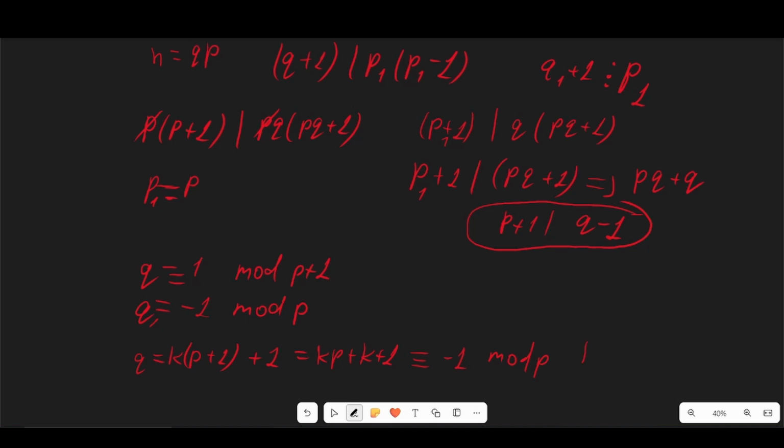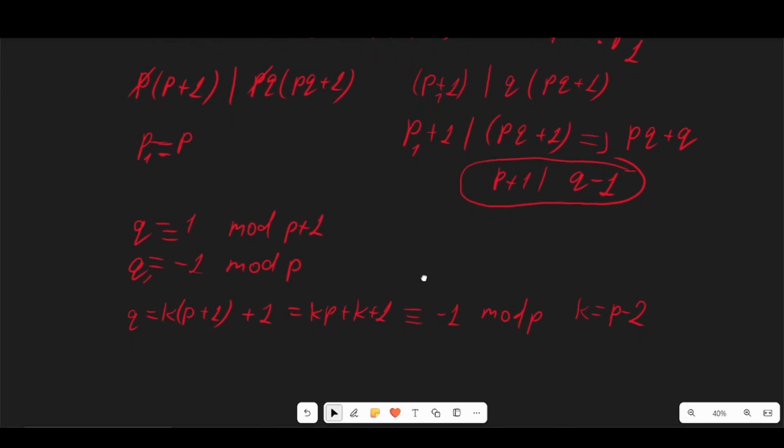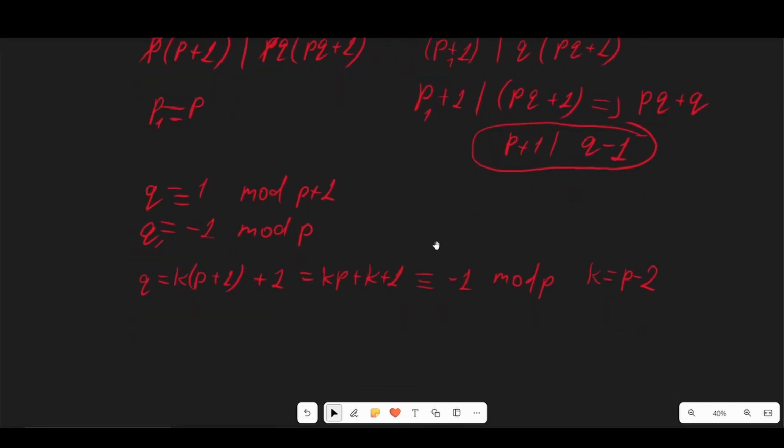So we can see that k must be just p minus 2, because we cannot take any number which is greater than p. And if we take k as p minus 2, we get that q equals p squared minus 2p plus p minus 2 plus 1. And this is just p squared minus p minus 1.